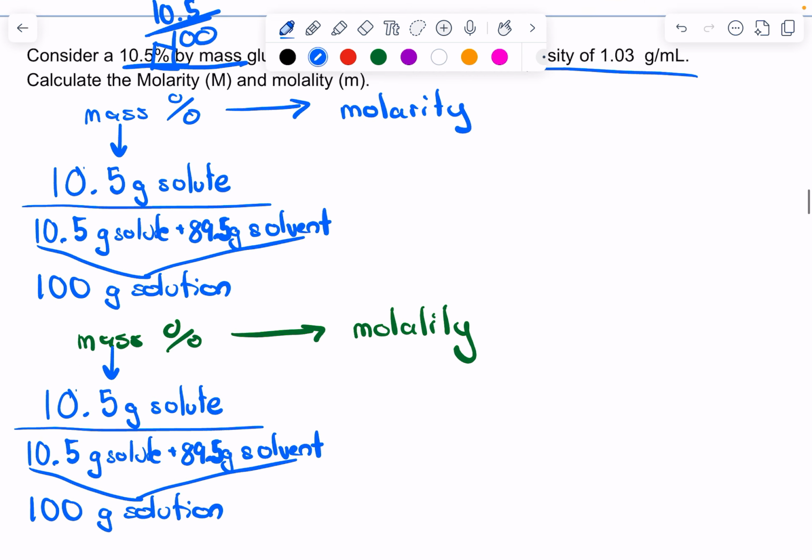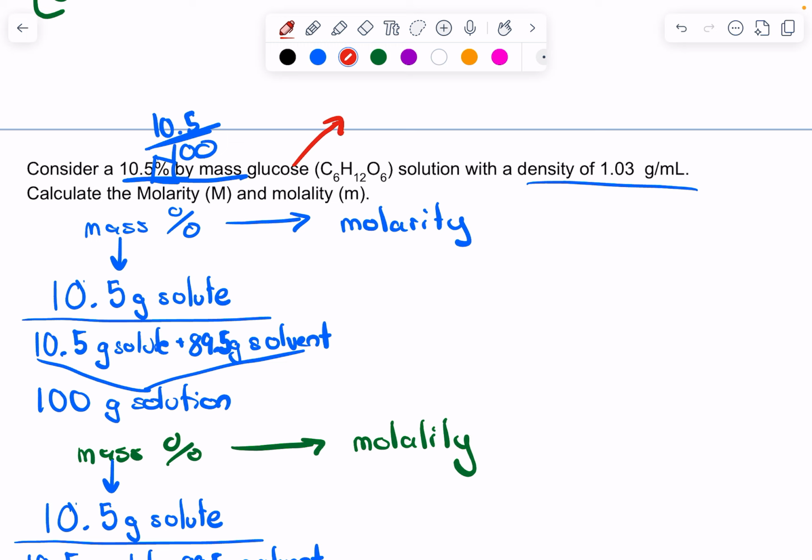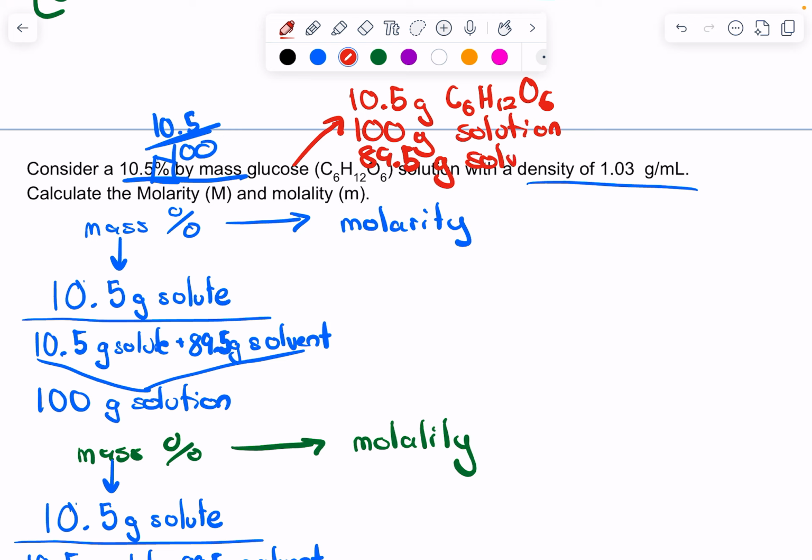What we basically know now is that for every 100 grams of solution, we've got 10.5 grams of glucose, 100 grams of solution, and 89.5 grams of solvent. That's what we figured out so far.